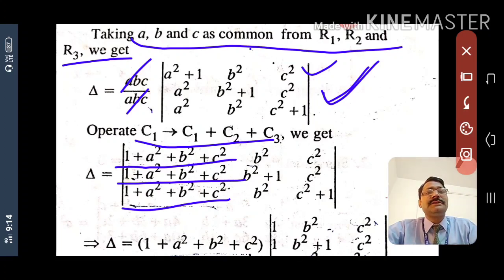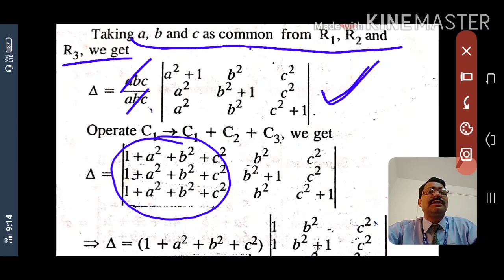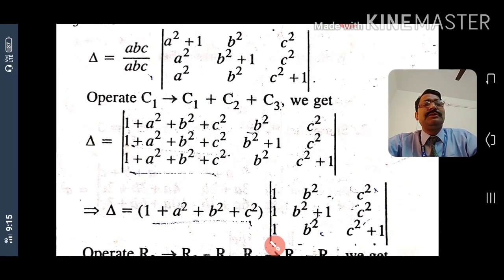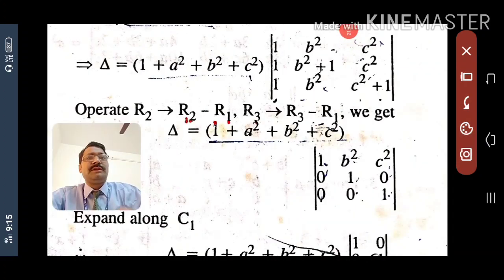Now after this you take common from this C1. What can you take common? 1 plus a square plus b square plus c square you take common. If you take common, what will the change be? Look here. Here 1 plus a square plus b square plus c square is outside, and inside the first column the elements will be 1, 1, 1. Now you can write R2 equals R2 minus R1, R3 equals R3 minus R1.